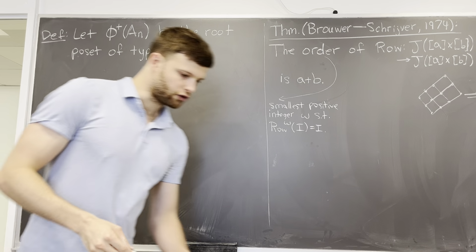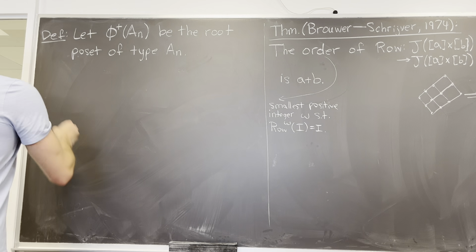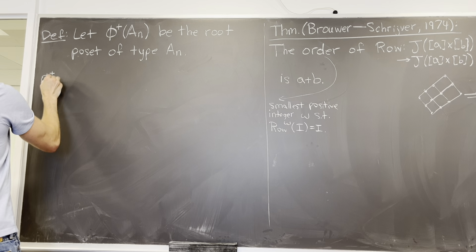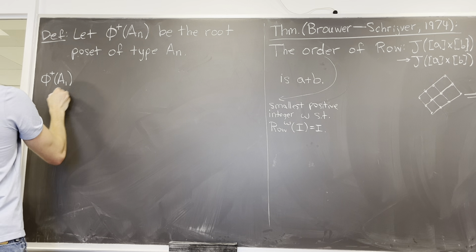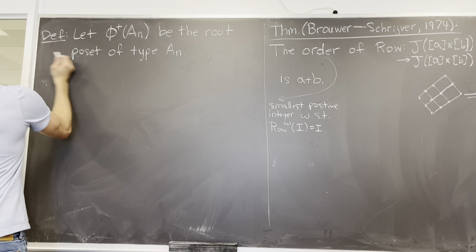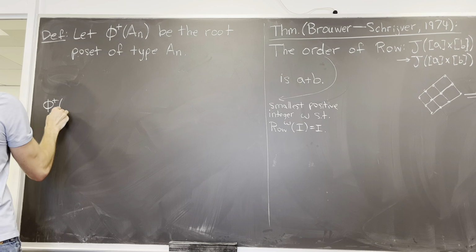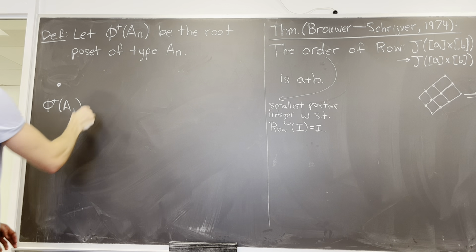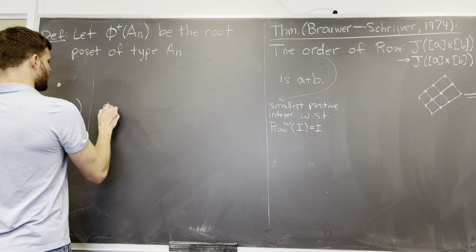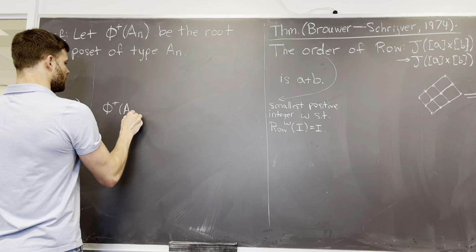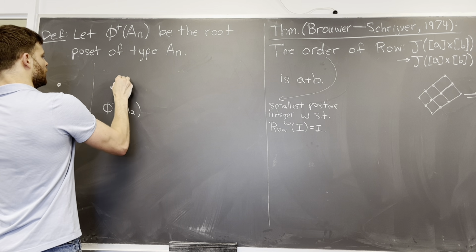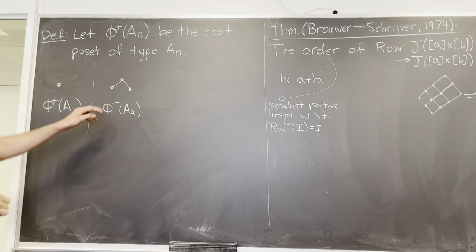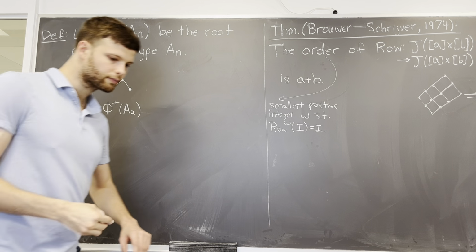I'll just draw the first few of them and you'll see what they are. Phi plus of A1 is just a single element. Phi plus of A2 is this poset, 3 elements that look like that.